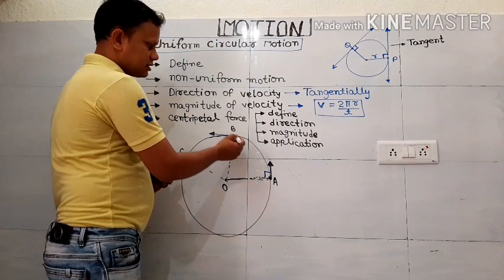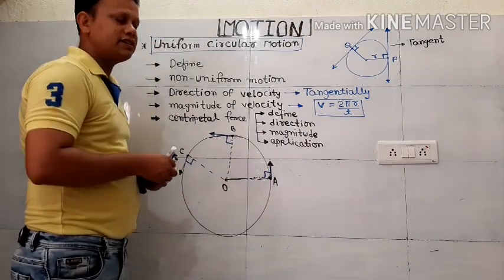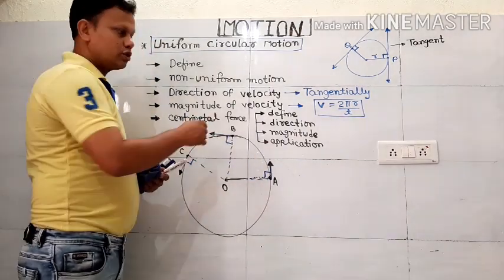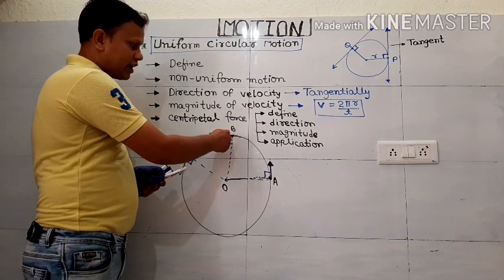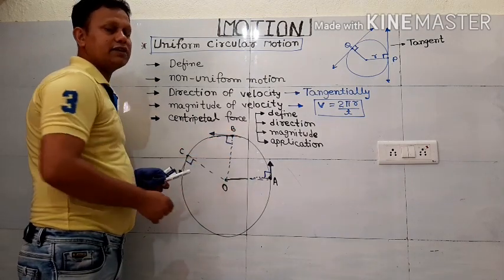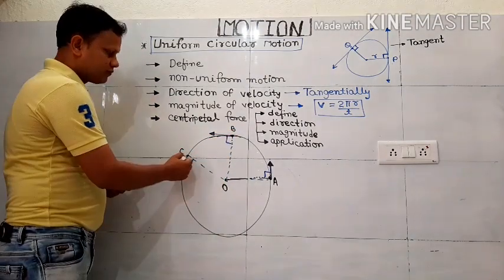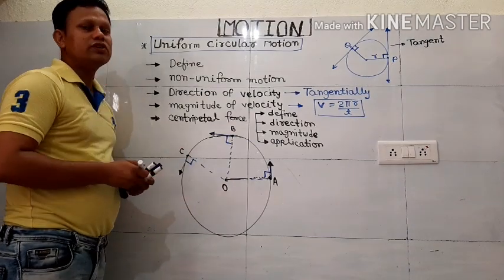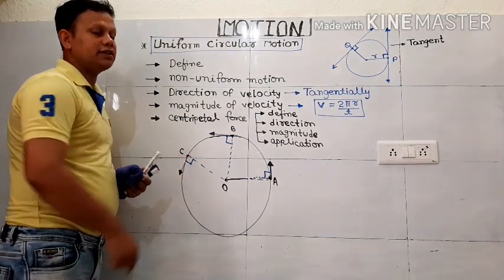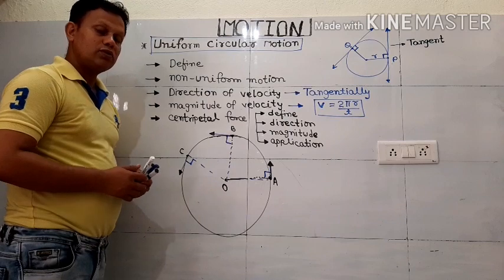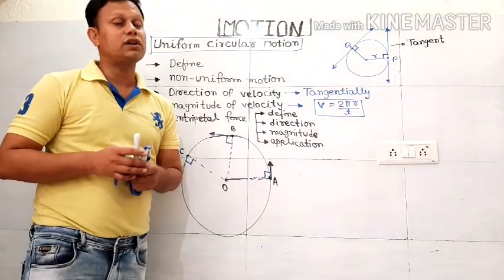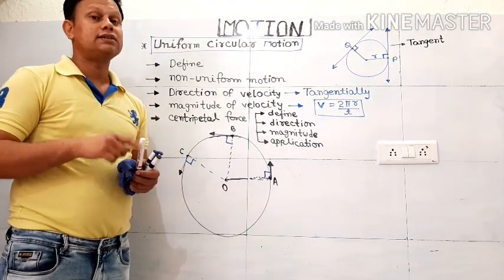Suppose the body has reached point B. Here also it has a tendency to move at 90 degrees to the radius. At C, again a tendency to move tangentially to the radius. So how do we decide the direction of velocity on a circular path?